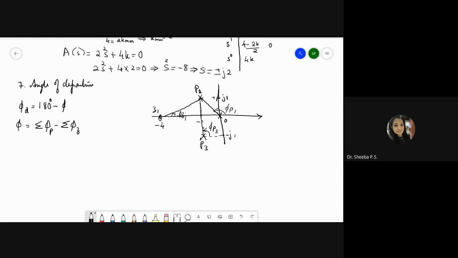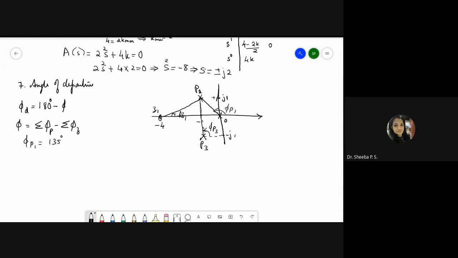This distance is 1 and this distance is 1, so the angle made here is 45 degrees, and this is 90 degrees. So 90 degrees plus 45 gives 135. So phi P1 is equal to 135 degrees.